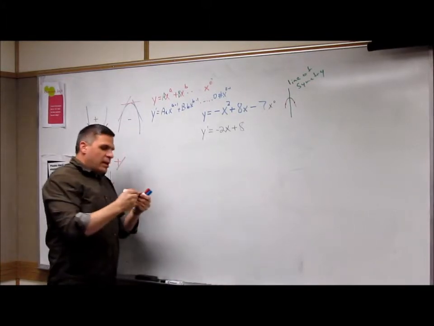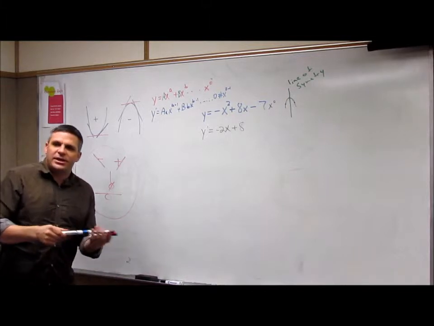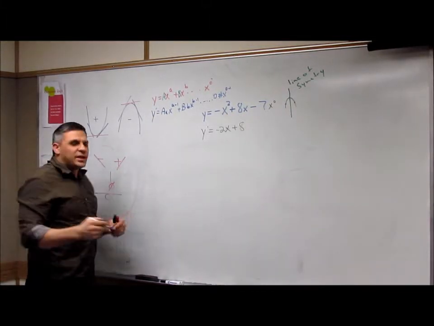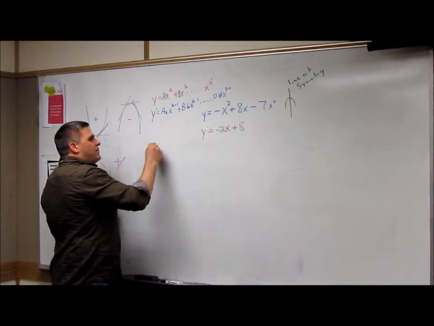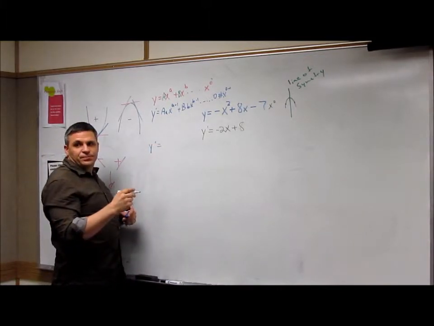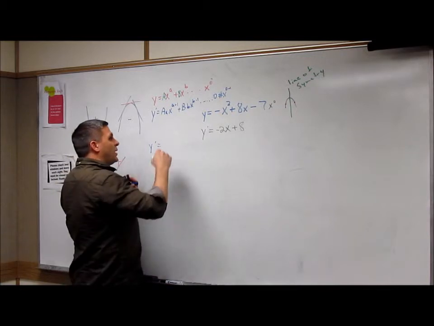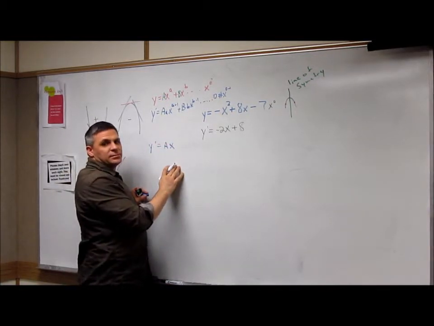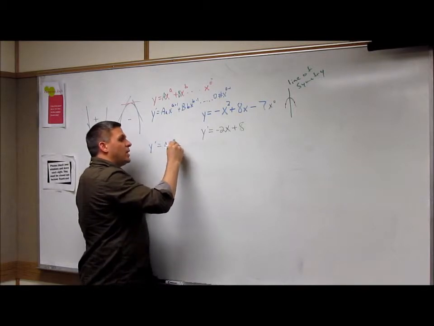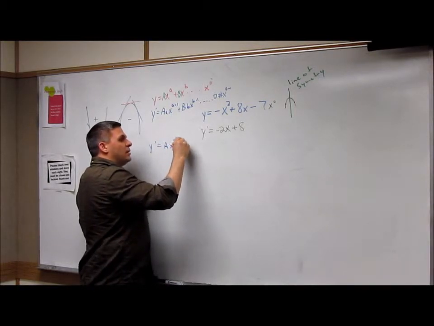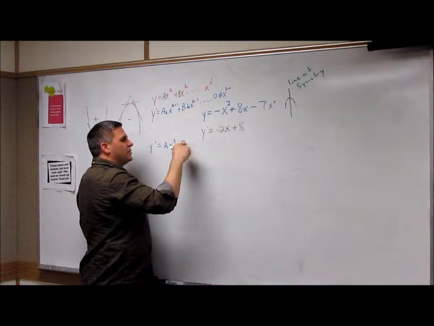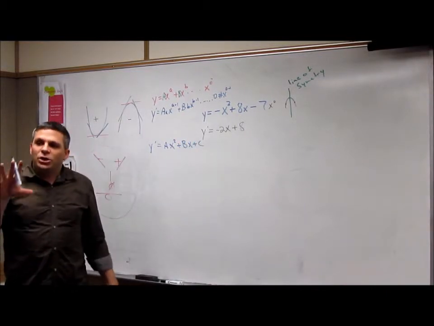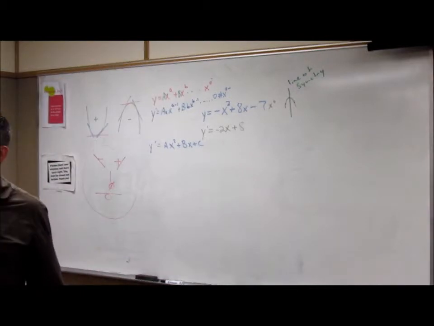And I think the book might even give you an equation that says, okay, let's look at it as y equals ax squared plus bx plus c, because we're talking about just quadratics here.